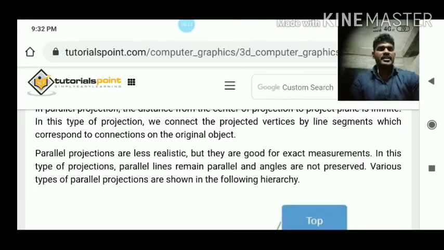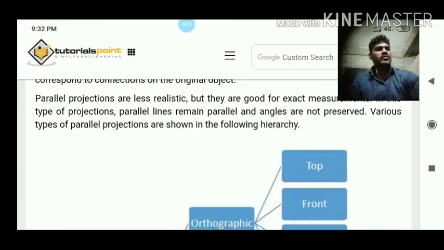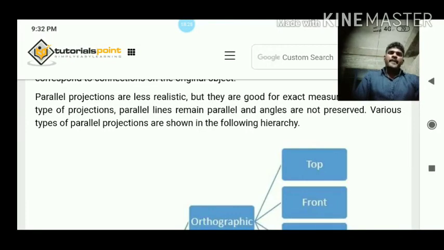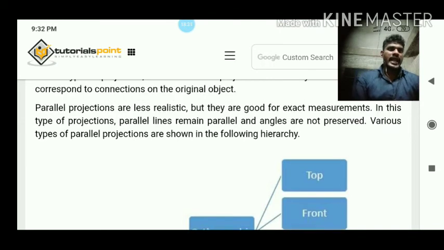Projected vertices are connected by line segments which correspond to connections on the original object. Parallel projections are less realistic, but they are good for exact measurements. In this type of projection, parallel lines remain parallel and angles are not preserved. Various types of parallel projections are shown in the following hierarchy.